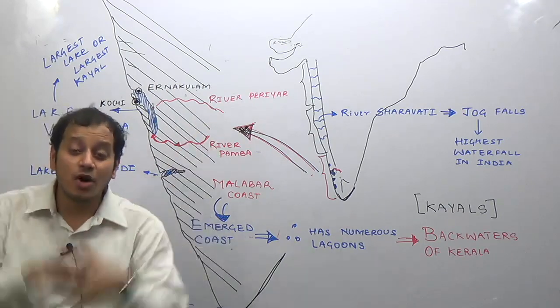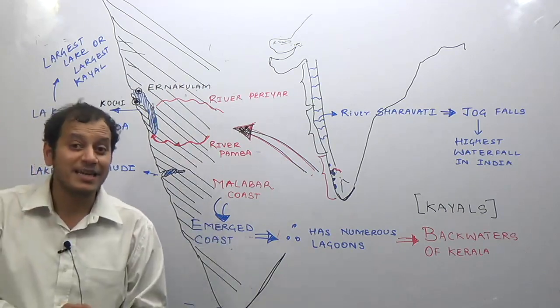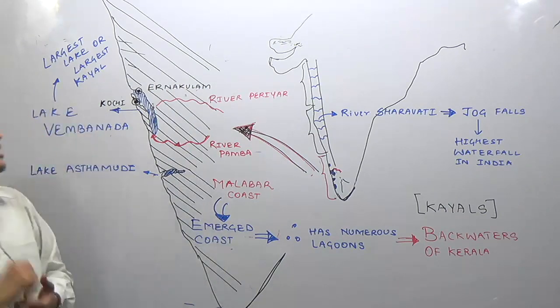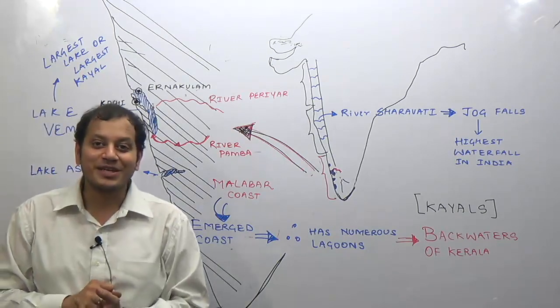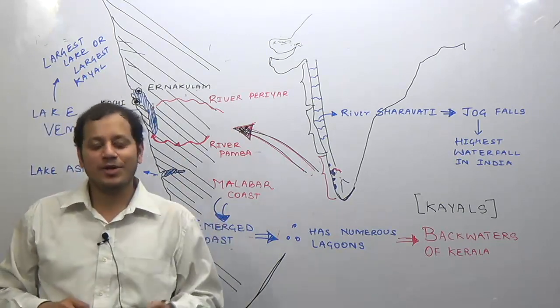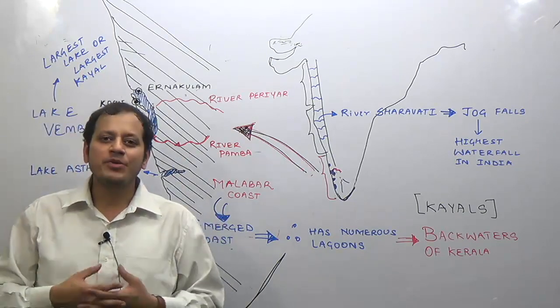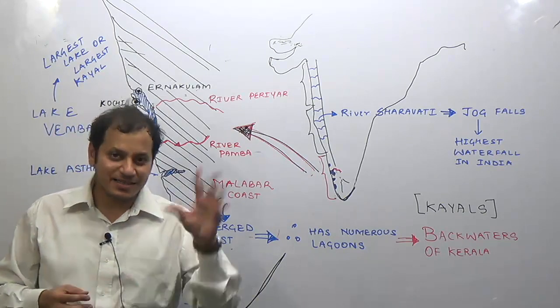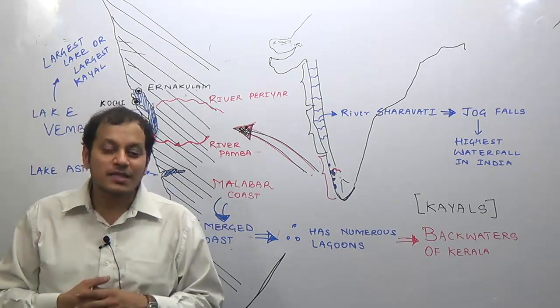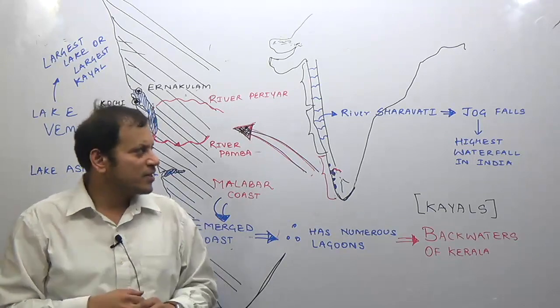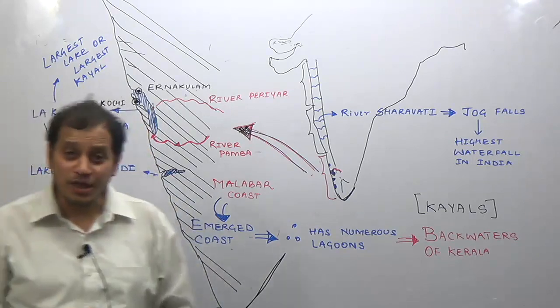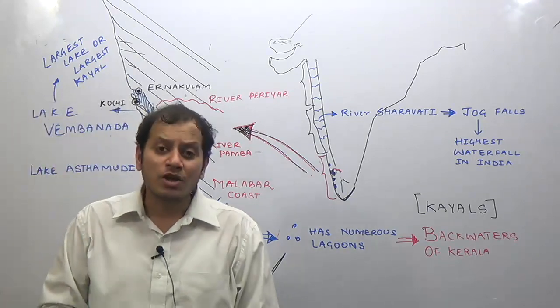So this is all about the western coast of India. Is it? No, I forgot one point. This is not all about the western coast of India. I want to ask you one small question. How many union territories are there? There are 7 union territories. Out of these 7, there is one union territory known as Puducherry or Pondicherry. What is Puducherry?